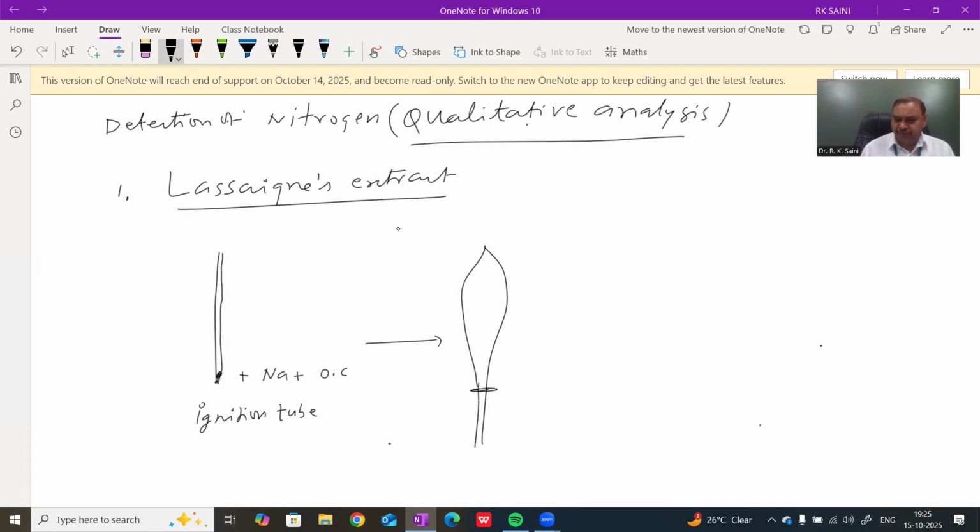With the help of a clip stand, it is strongly heated to red heat.